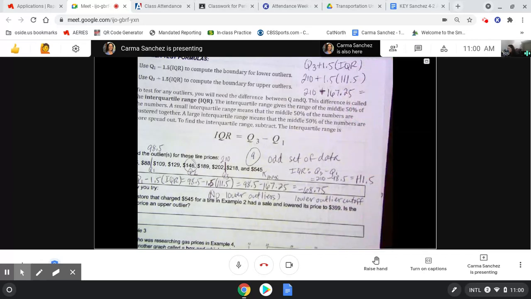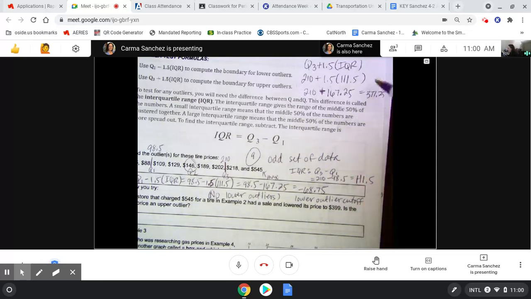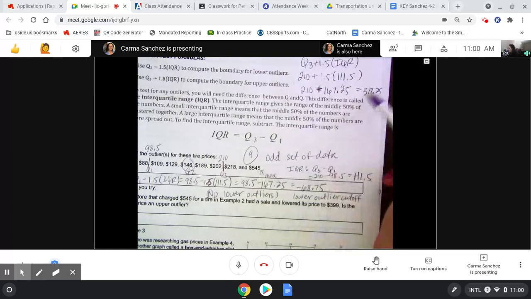So 167.25 plus 210 is 377.25. So looking at my data set, 545 is the largest. 377.25 is the cutoff.